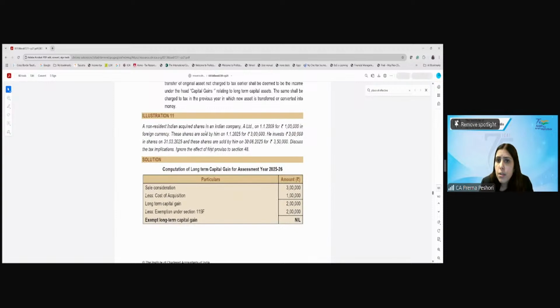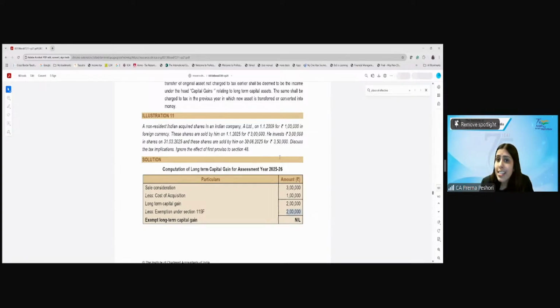Clear? So here my sale consideration is 3 lakh minus the cost 1 lakh. So 2 lakh is my long-term capital gain. I have invested the entire 3 lakh, so of course my capital gain exemption will be restricted to 2 lakh. Clear?